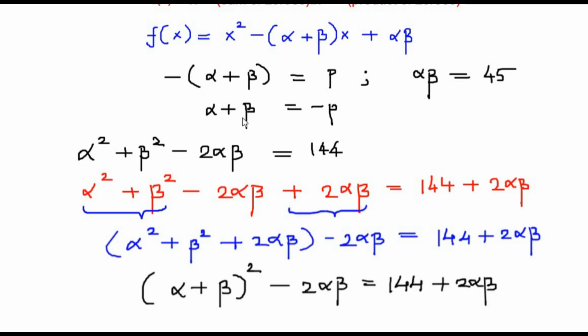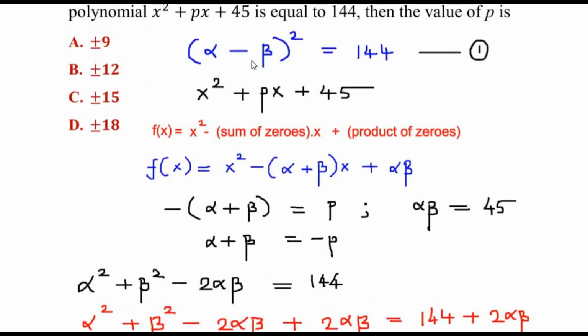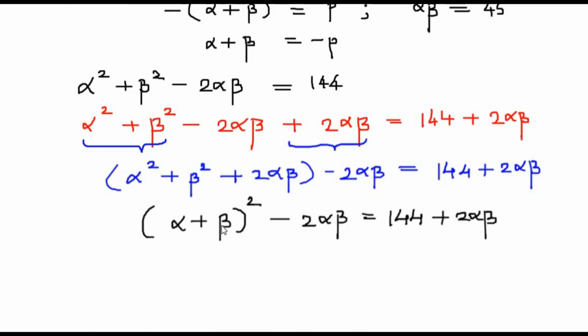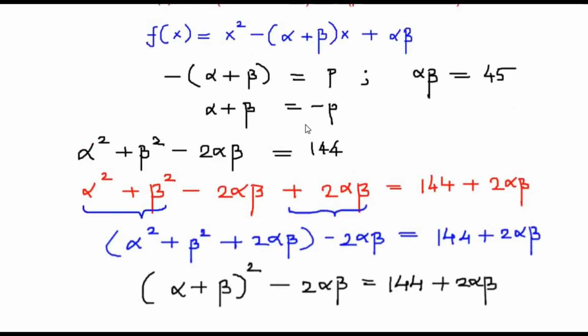So you can see we have got the given expression, alpha minus beta the whole square equal to 144, in terms of alpha plus beta and alpha beta. Now simply we have to substitute the terms, that is alpha plus beta was negative p.